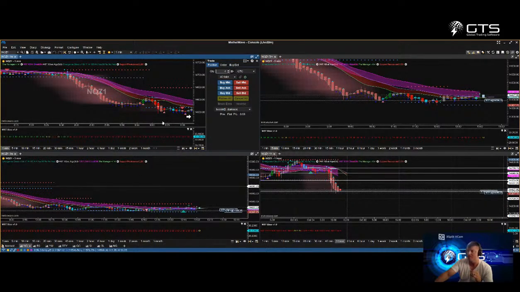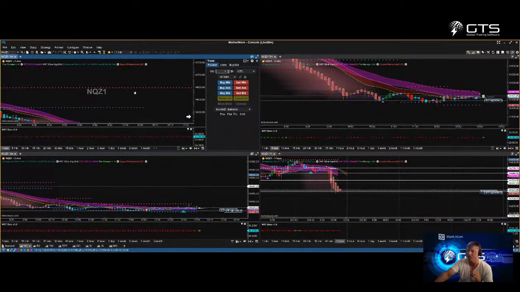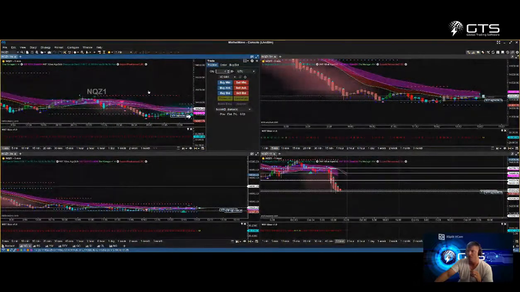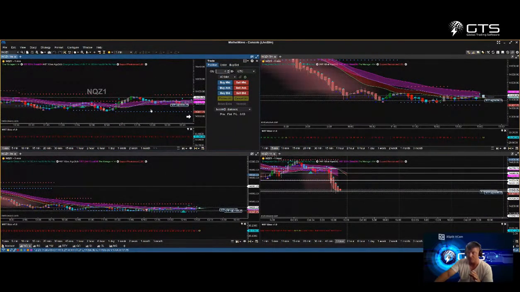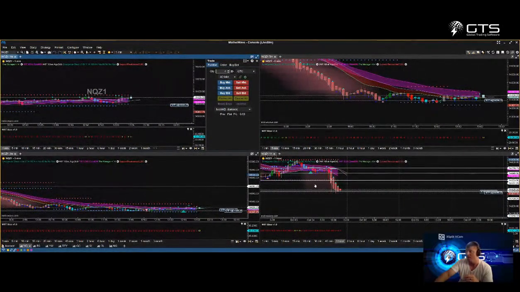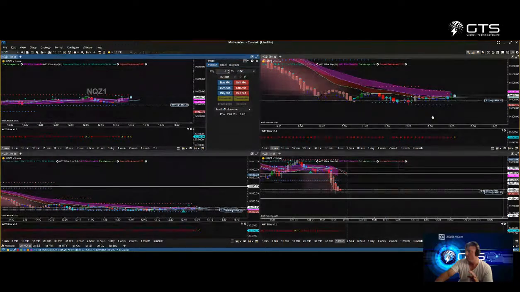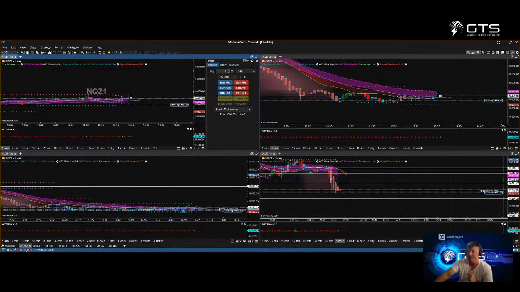So all in all, I was up $1,100 when we left here for lunch. Up a little bit more now, doing some price action trading along the bottom of this right here. But we're going to see what this afternoon gives us.